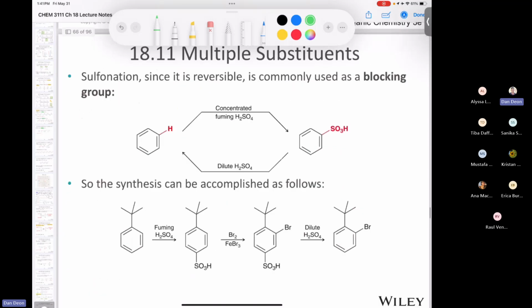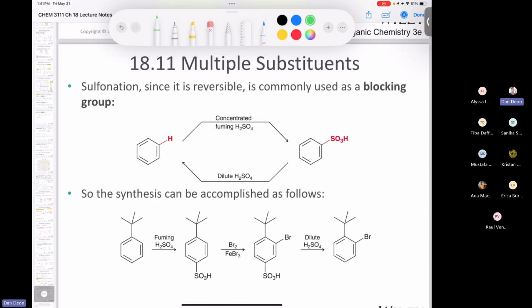So now you're going to discover what the utility of the sulfonic acid was. So now you know why we learned the concentrated fuming sulfuric acid. Remember, if you use fuming sulfuric acid, which is a mixture of sulfuric acid and sulfur trioxide, you can make a sulfonic acid. To review, this group here is called a sulfonic acid.